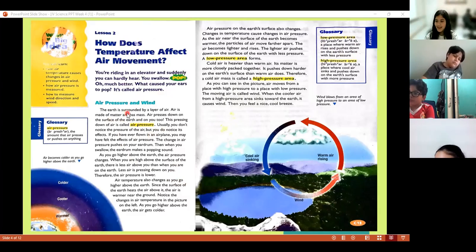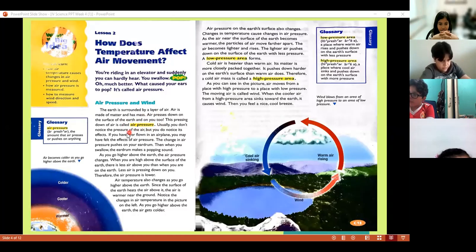The earth is surrounded by a layer of air. Air is made of matter and has mass. Air presses down on the surface of the earth and on you too. This pressing down of the air is called air pressure.